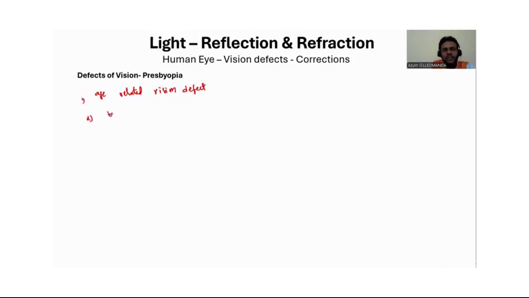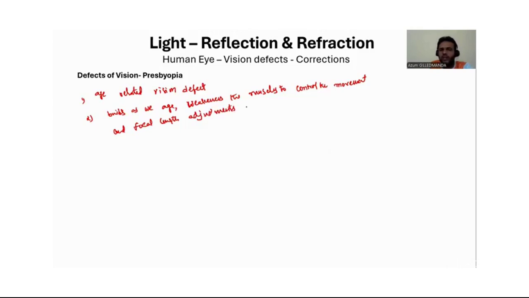It builds as we age and weakens the muscles that control the movement and focal length adjustments. You're following, right? So focal length adjustments of the eye lens.